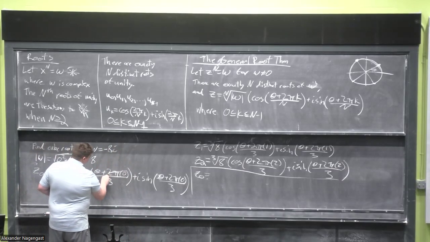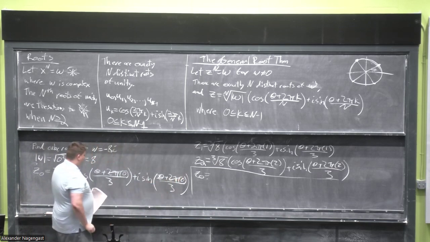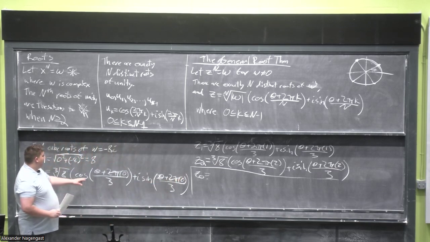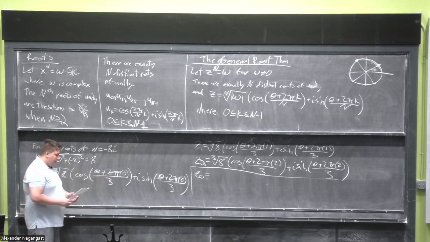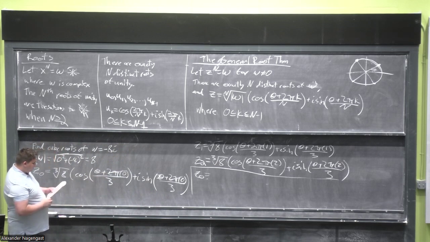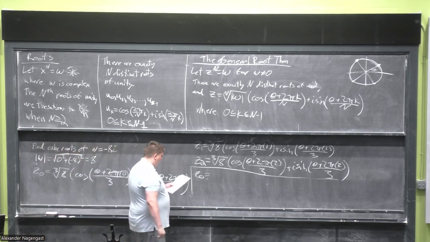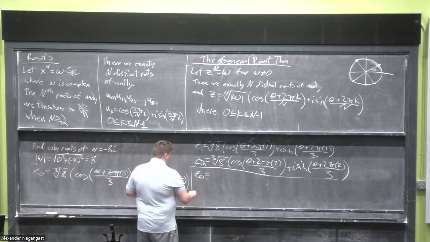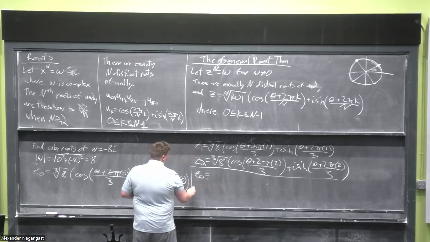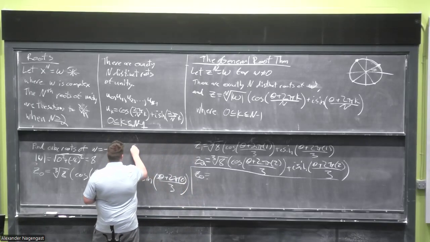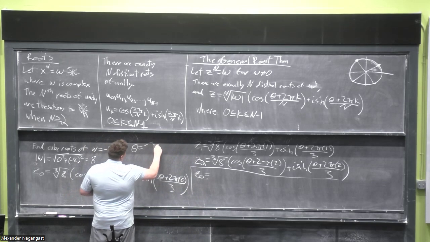Well, this goes away, this goes away. So we're left with theta divided by 3, which is just negative pi over 6. So we're going to keep track of that. So let's have theta equal negative pi over 2.